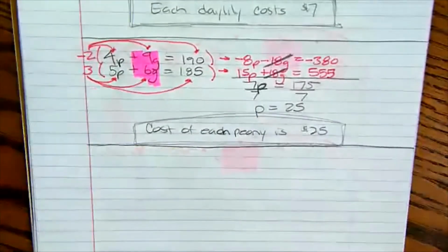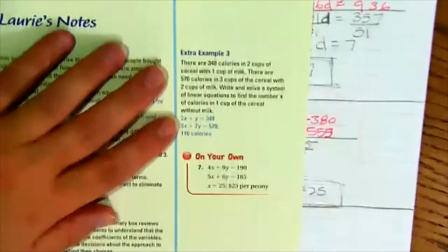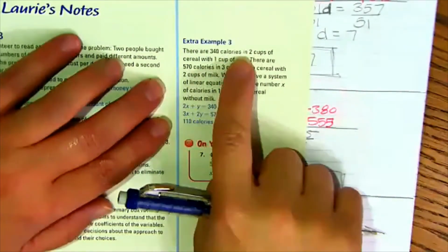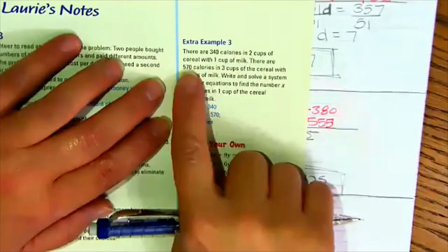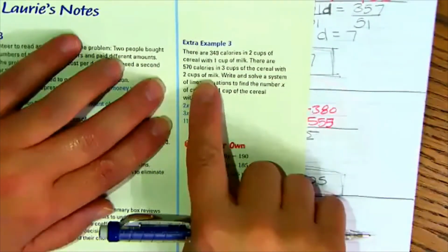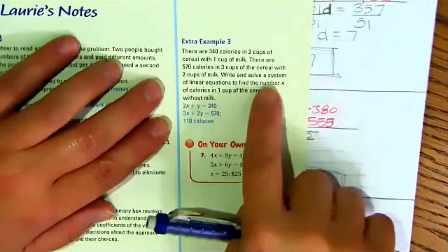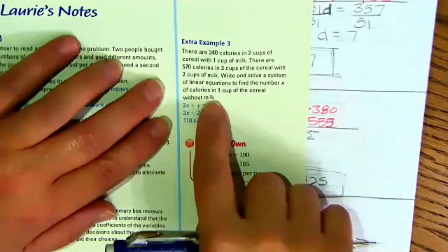So we're going to do one more. Okay, let's go ahead and do our last example. There are 340 calories in 2 cups of cereal with 1 cup of milk. There are 570 calories in 3 cups of cereal with 2 cups of milk. Write and solve a system of linear equations to find the number X of calories in 1 cup of the cereal without milk.